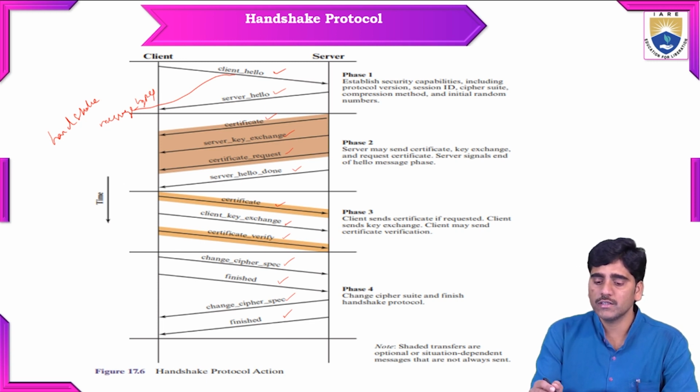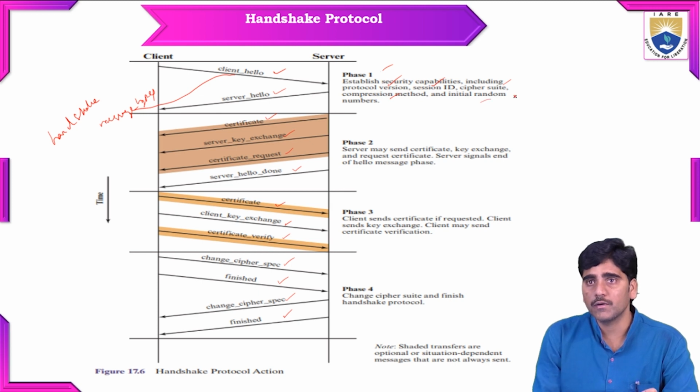So phase one is what? First one, establish security capabilities, including protocol version, session ID, cipher suite, compression method, and initial random numbers. So phase one is establishing all the different security capabilities.